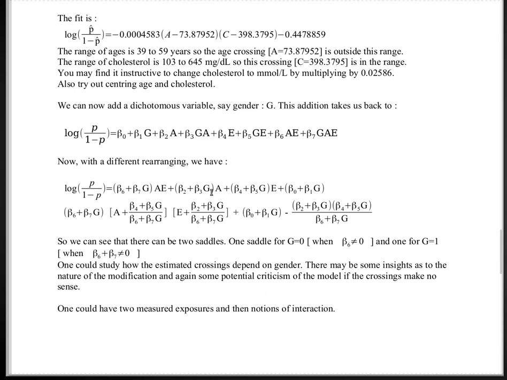But we could have all of this work that we've done here applied to the circumstance in which we have two measured exposures. Then we have the challenge of understanding interaction, and then positively, if there's no interaction, the impact of one exposure assumed common to the other.